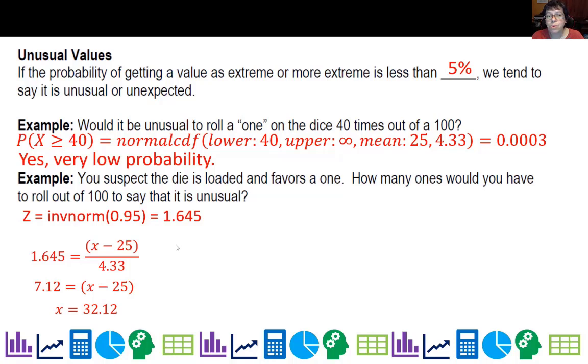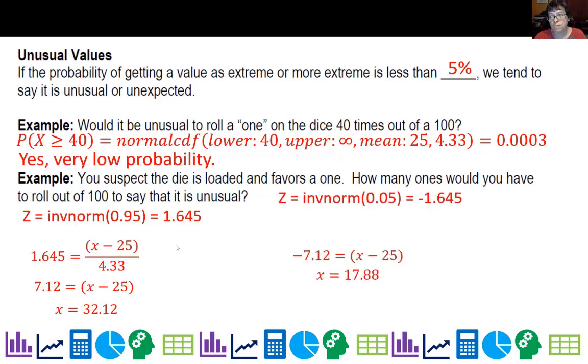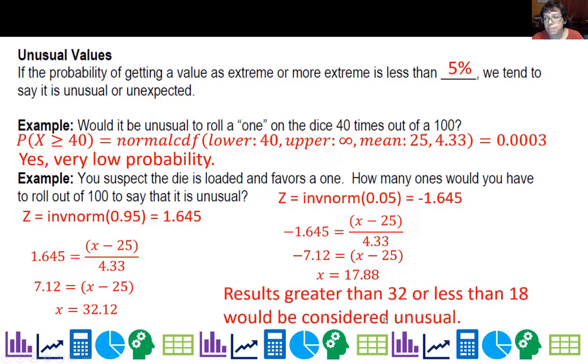All right. By the way, we'll go ahead and calculate for a lower value as well. So here we go. I did inverse norm of 0.05, which is negative 1.645. And if you substitute in, you see that a low value, anything like 17 and lower, would be considered really unusual as well. So results greater than 32 or less than 18 would be considered unusual.